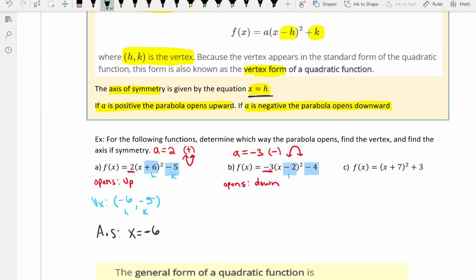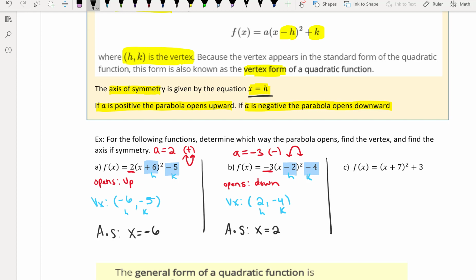So I have my h and my k value. For my h value, it's not -2, but it's actually going to be +2, and that k value is -4. And of course, I can tell you my axis of symmetry: x equals 2.